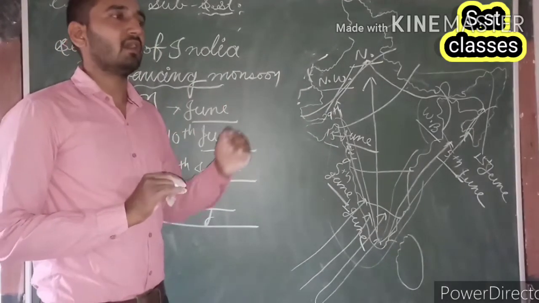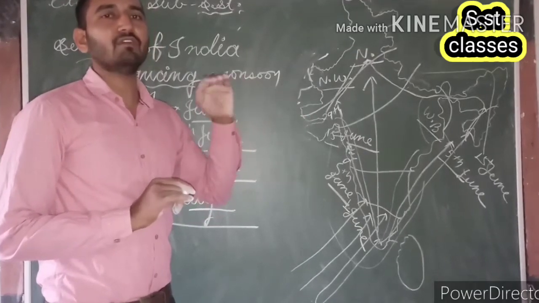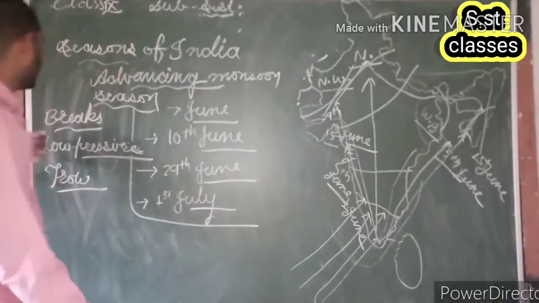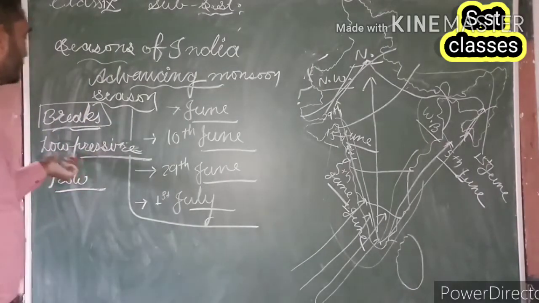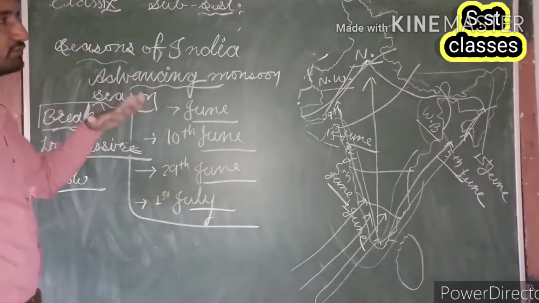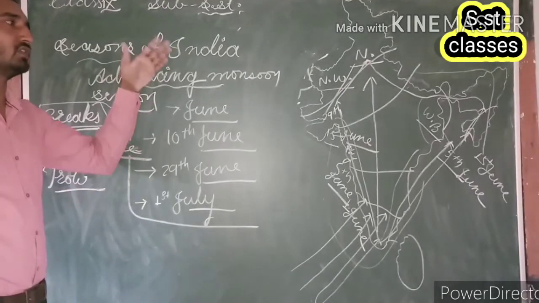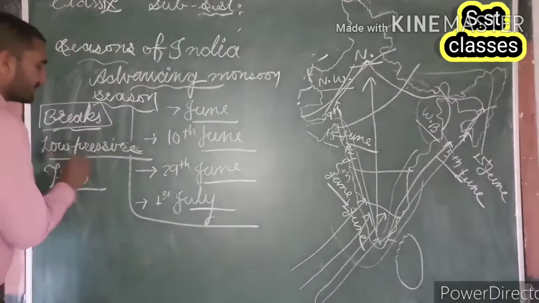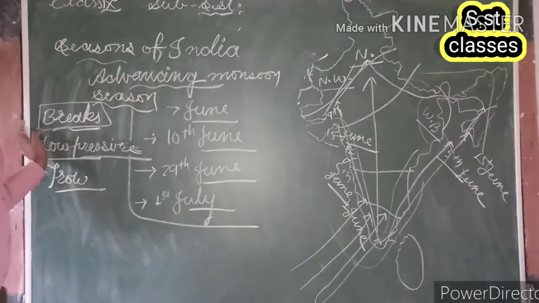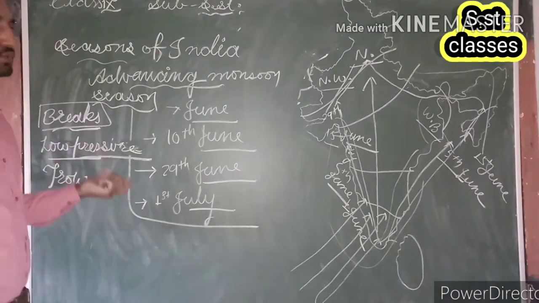Means we can say that after a continuous rainfall, the area will notice a kind of break, and these kinds of breaks are referred to as breaks in monsoon. Means to say that because of the movement of the low pressure trough, the monsoon winds will make a movement northward and southward. So in this way we can say that the intensity of monsoon at a particular place depends on this low pressure trough.